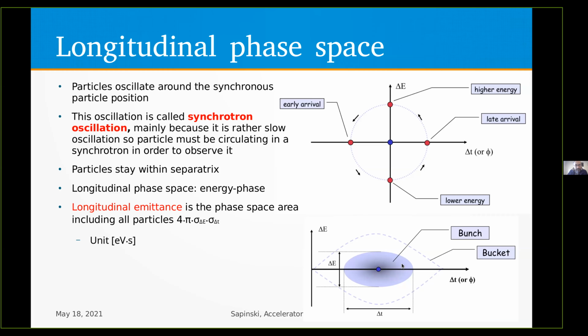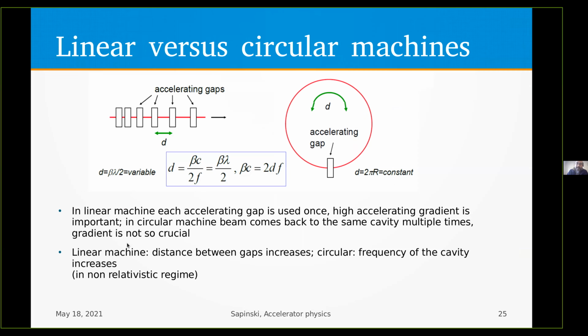For longitudinal emittance, the unit is electron volt second, and the values, which I didn't put here, are of the order of 1 electron volt second. All right. So we already introduced the concept of linear and circular machines, and this is the diagram that was shown by Maurizio yesterday. I will not discuss it here.